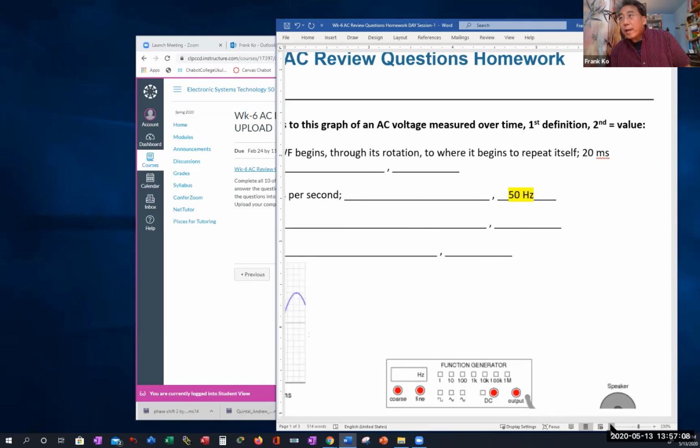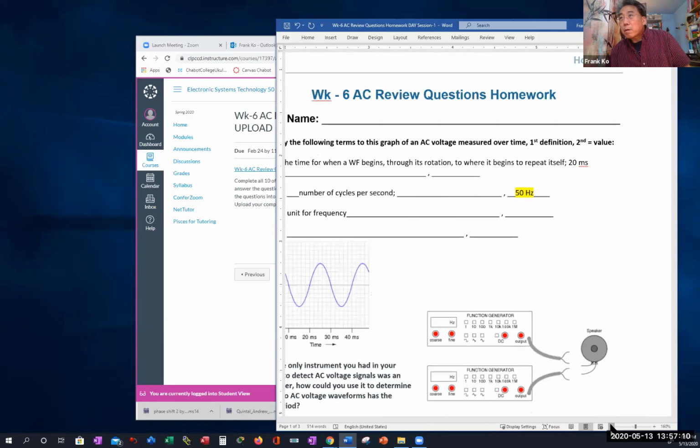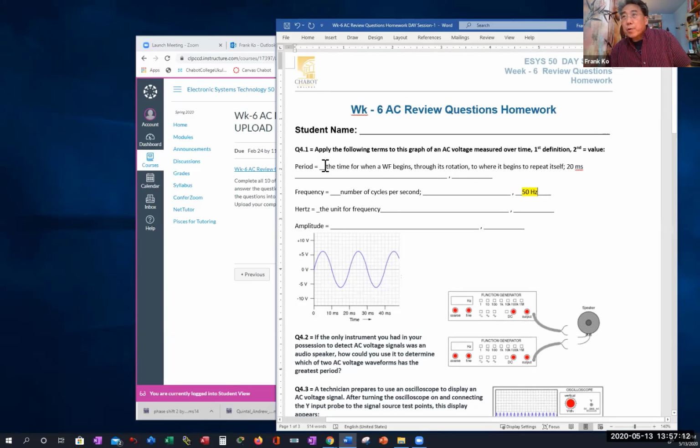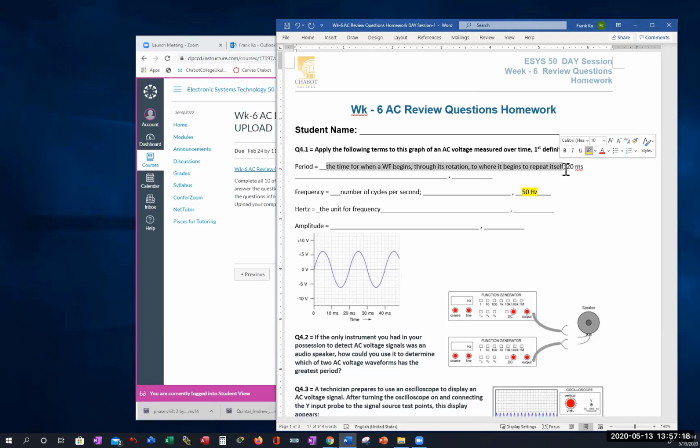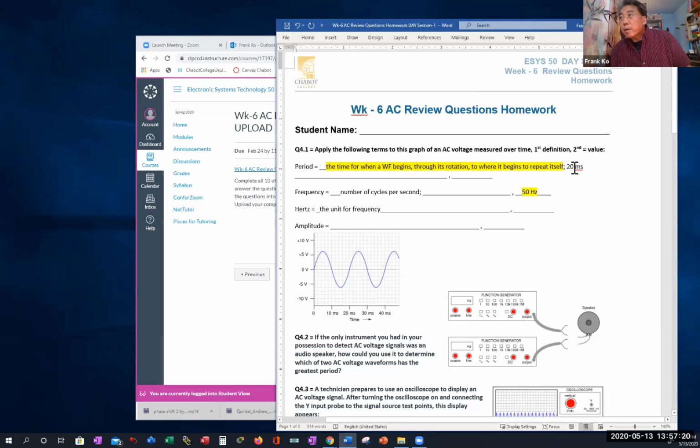So we'll go back here. So here is the definition part of the answer for period. And the period is given as 20 milliseconds. We determined that earlier. Frequency is the number of cycles per second. That's your definition. Now you can also state this up here.